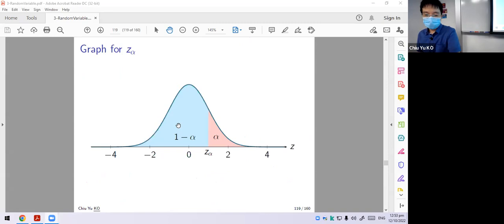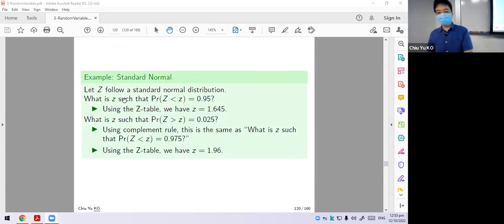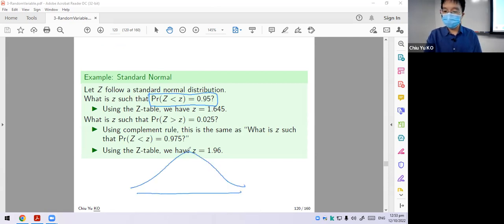So the example is the following. The question we're asking here is: I want to know the Z such that, given this table, 0 to the Z, the area to the left is 0.95.